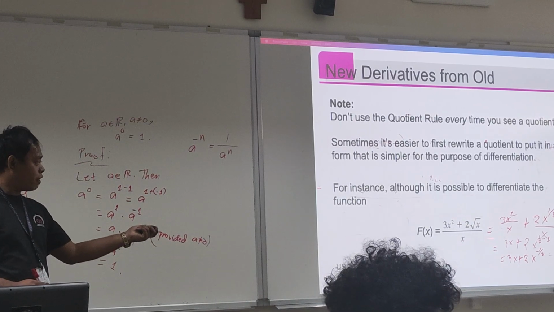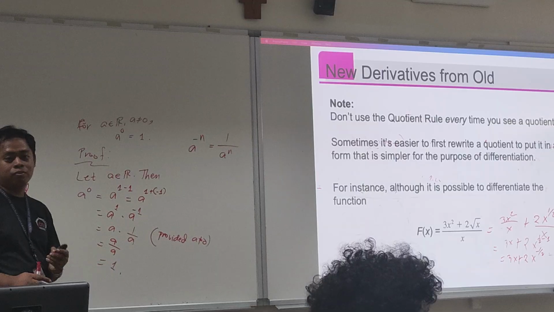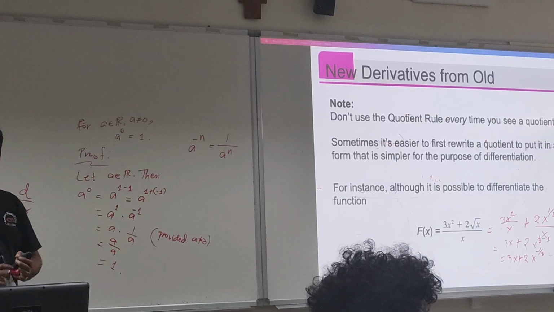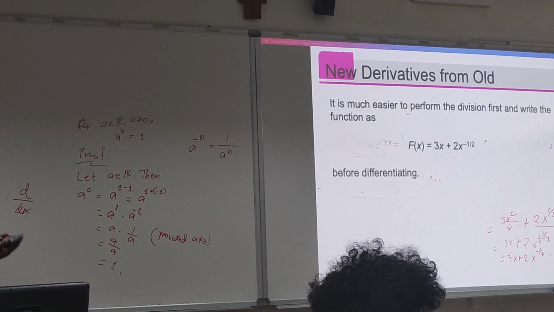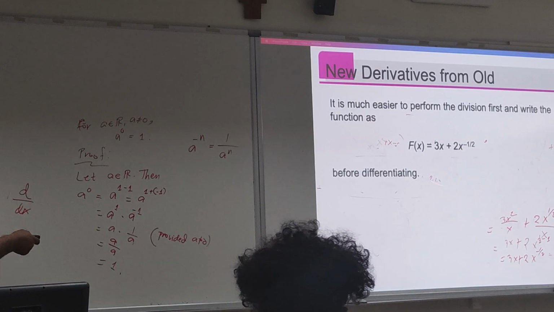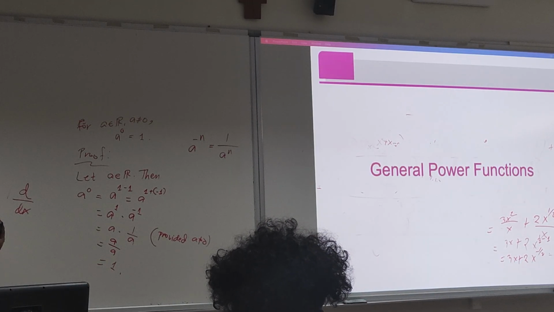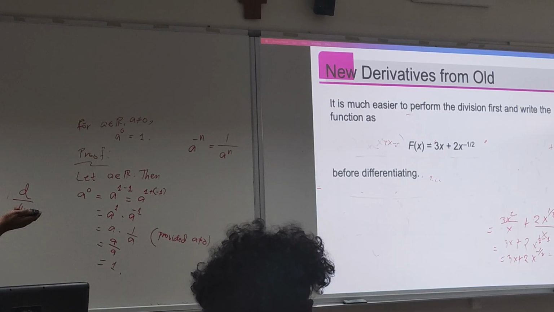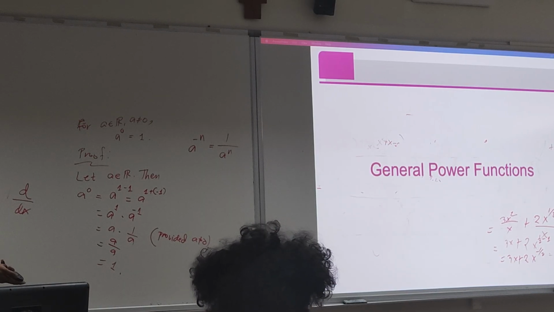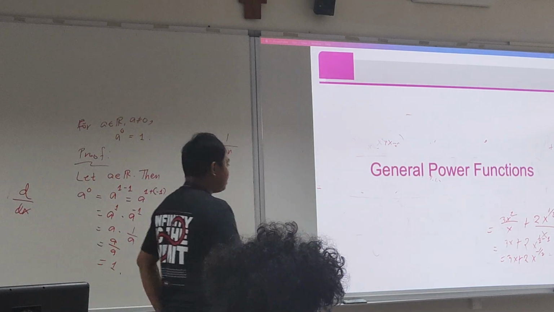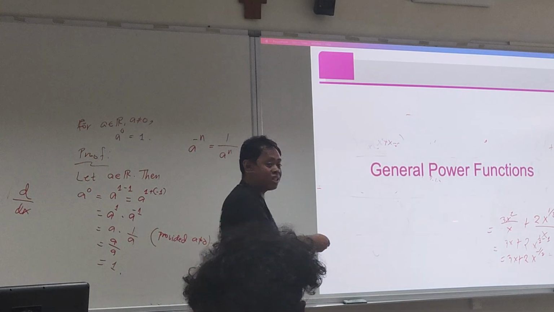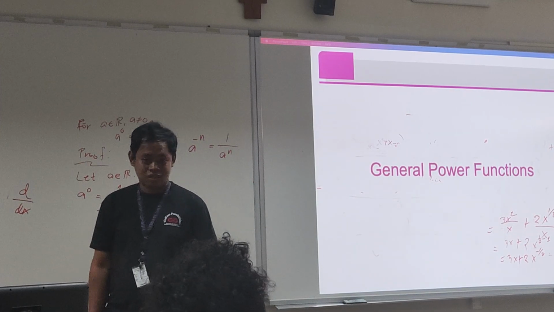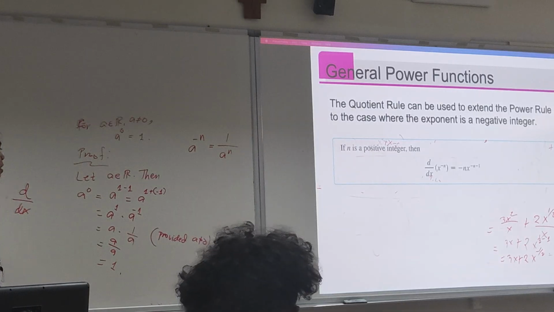With that, we can take the derivative of this given form instead of using the quotient rule. But first, let's consider the general power rule. Usually the exponent is positive.